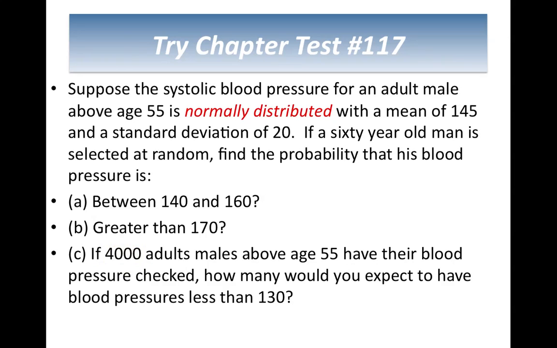Okay, so if you want, try this one on your own, and you're going to get a proportion of area for part A, a proportion of area for part B, and for part C, you're being asked not for a proportion of area, but how many of the 4,000 adult males you would expect to have blood pressures less than 130.